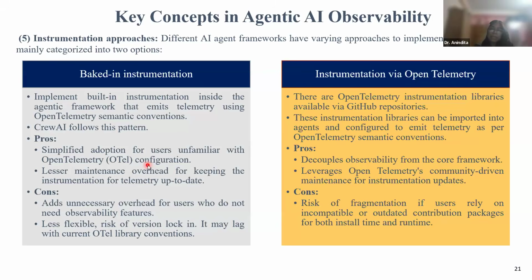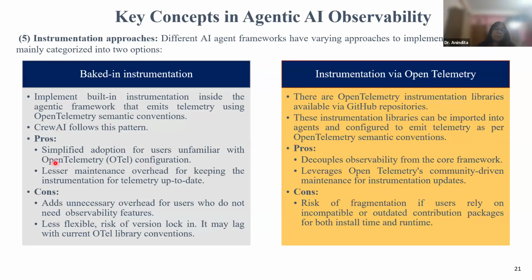And there can be two instrumentation approaches: one is baked-in instrumentation and the other is instrumentation via OpenTelemetry. The first implements built-in instrumentation inside the agentic framework that emits telemetry using OpenTelemetry semantic convention. CrewAI already follows this pattern.